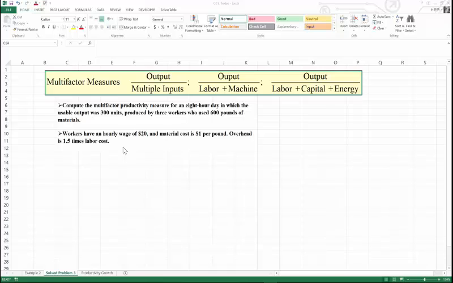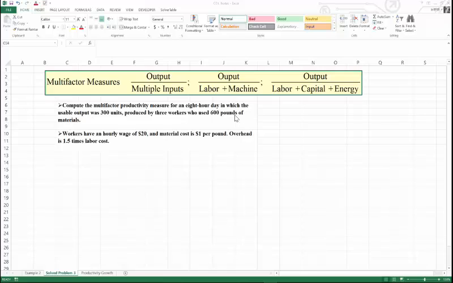Okay, so one thing you need to notice here: multiple inputs may not necessarily be measured on the same base. For instance, workers' labor can be measured in time, but materials can be measured in pounds. So how can we unify their measure units?